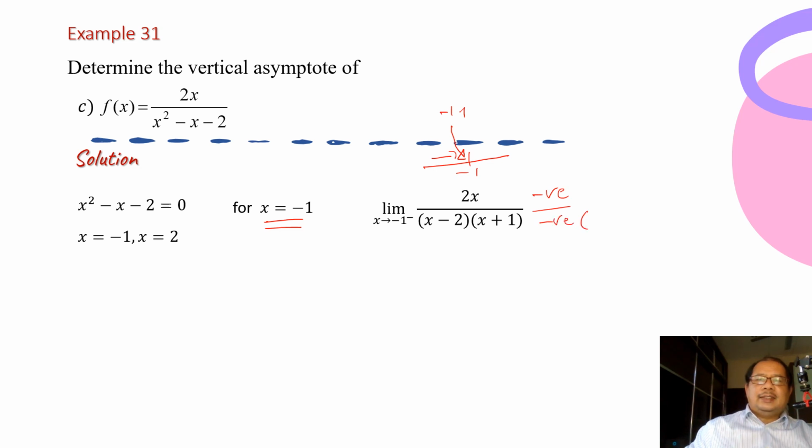And then -1.1 plus 1, you get negative, but close to 0. So you get the answer equal to negative infinity.